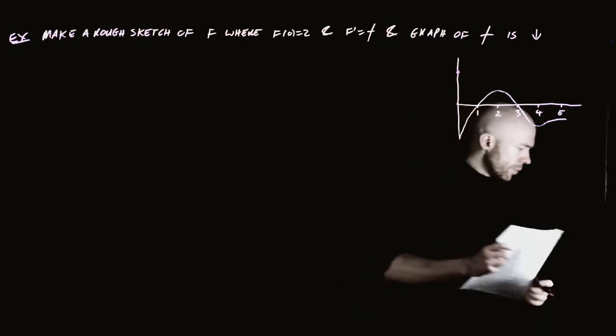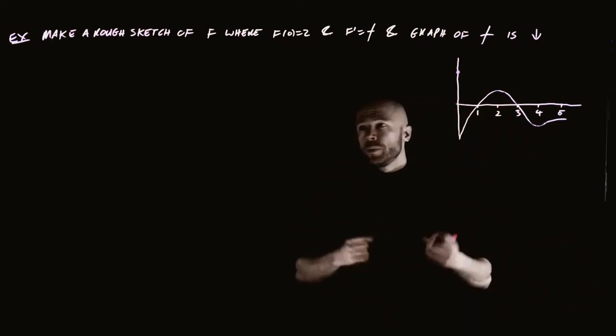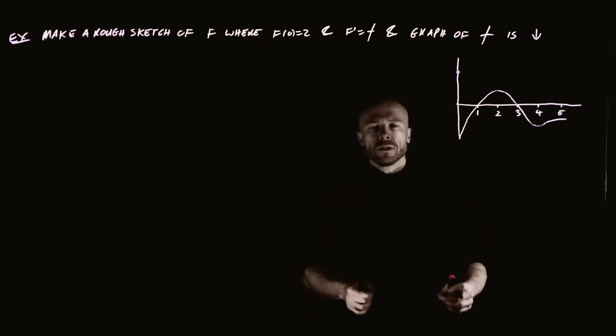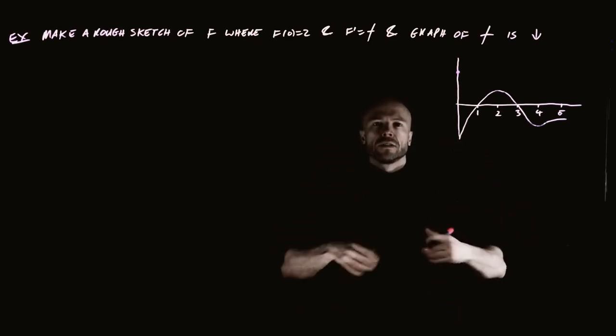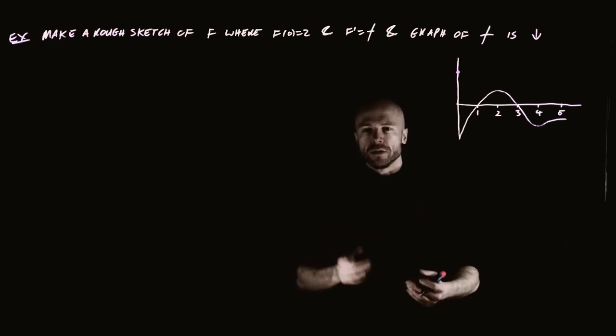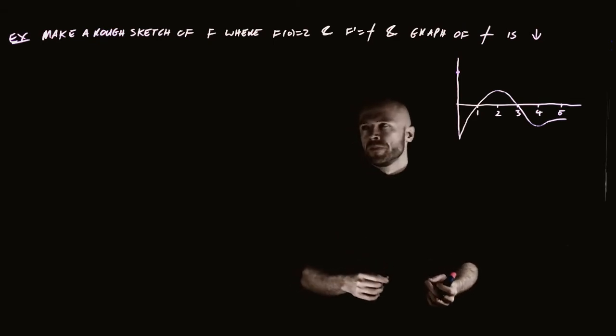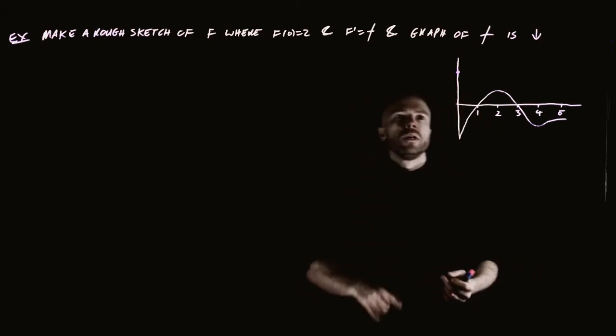Okay, the best thing to do for you people who are watching the video is to press pause and then try and sketch this for yourself, and once you've done it, press play and see what I do and see how close what you get is to what I actually do. Okay, so let me do this.